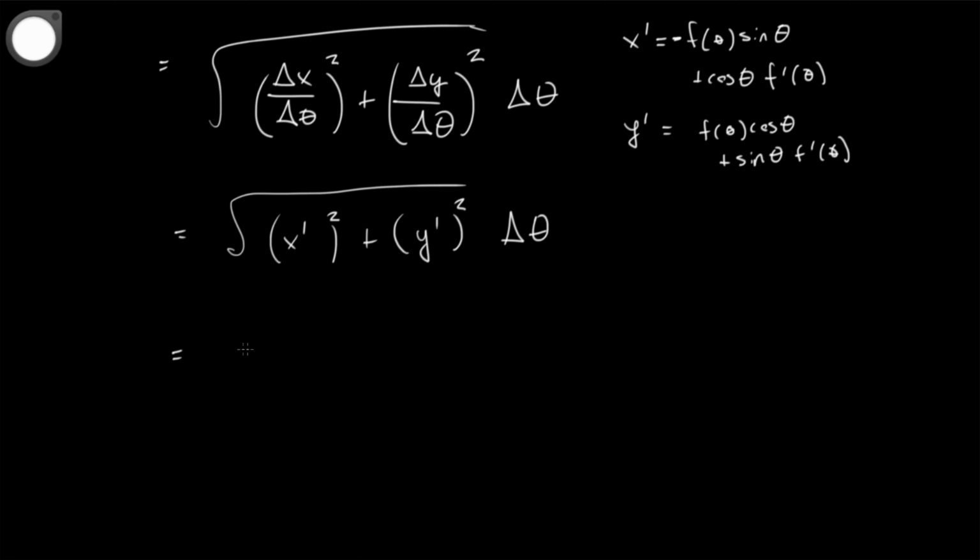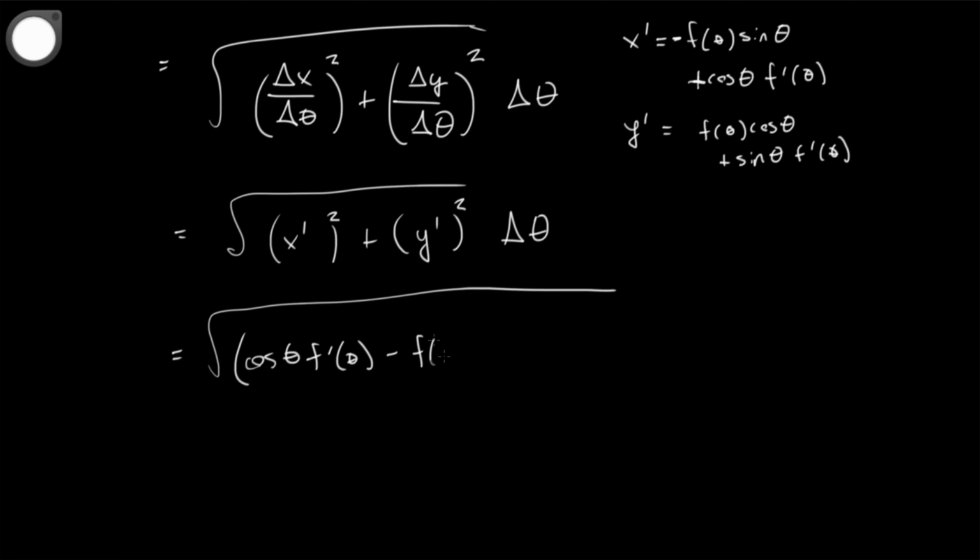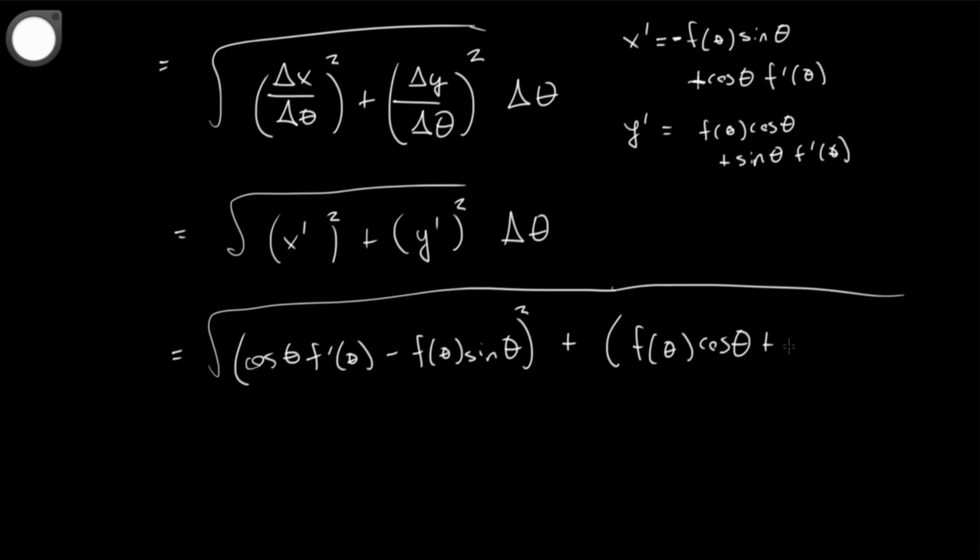So we have the square root of, I'm going to put the cosine theta first because I like to have leading terms that are positive, cosine theta f prime theta quantity squared. Oh, no, sorry. Minus f of theta sine theta, that quantity squared. Uh-oh, here we go. And then plus f of theta cosine theta plus sine theta f prime. I do apologize if you don't like how I ordered all of these different terms.